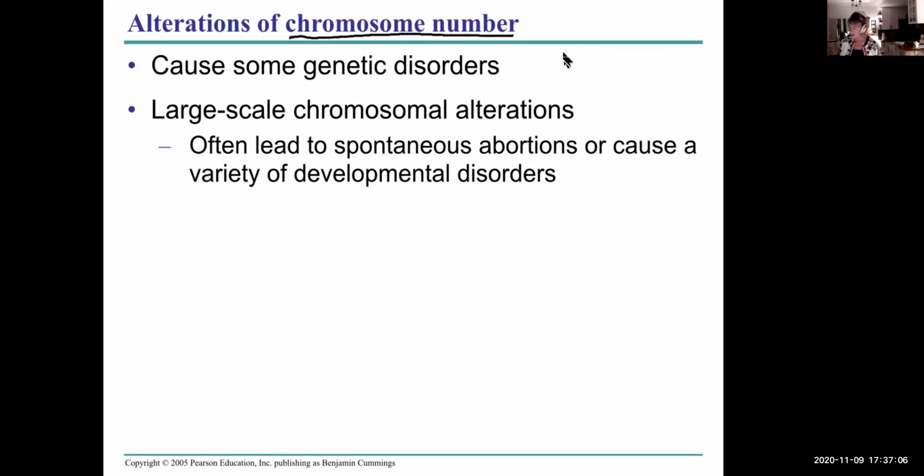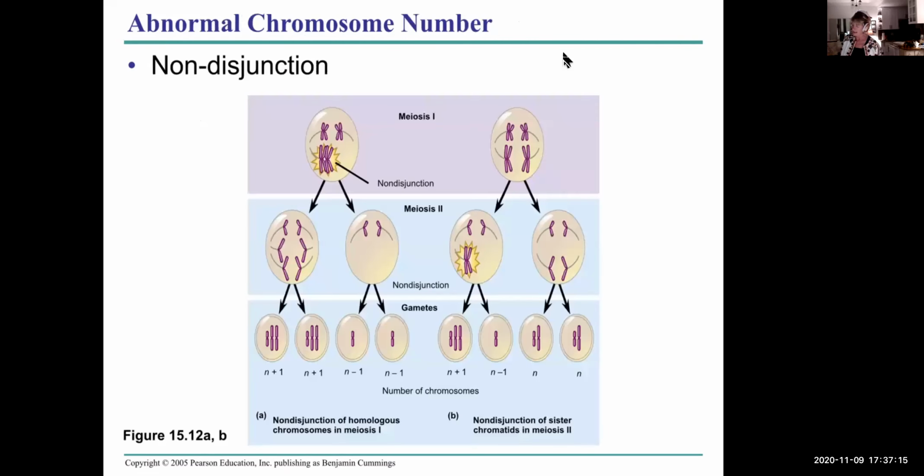If it's large scale, it can lead to spontaneous abortion or cause some developmental disorders. Here we are in meiosis 1, and instead of the chromosomes neatly going to either end of the cell, these ones did not. They all went to one end of the cell during anaphase.